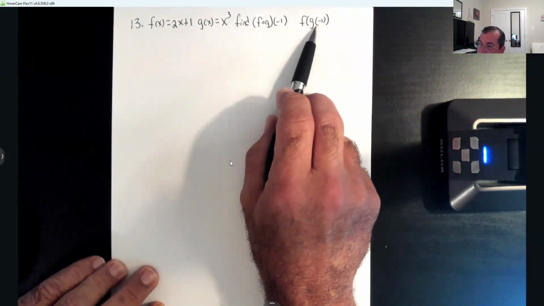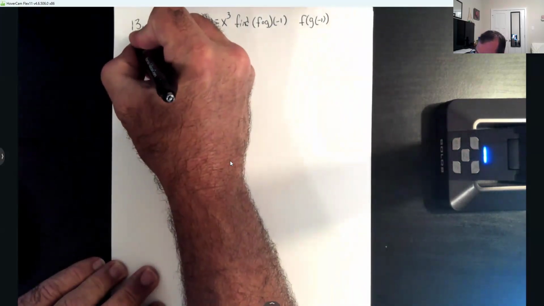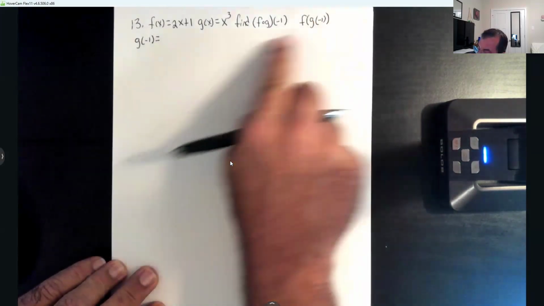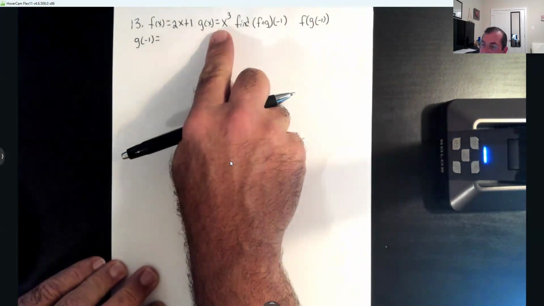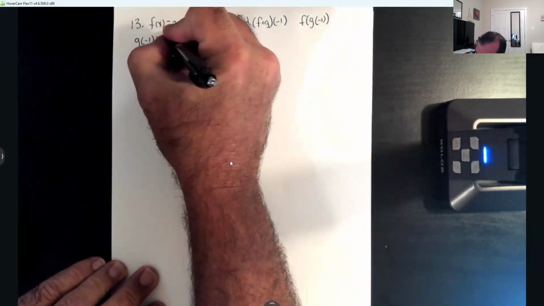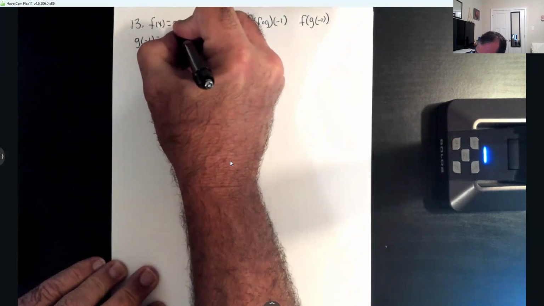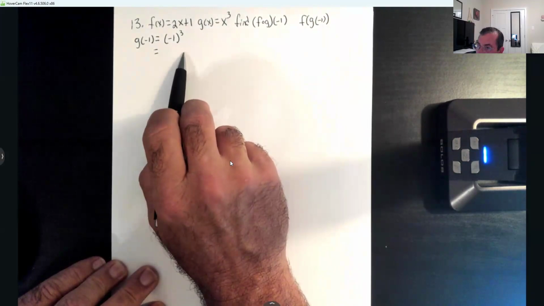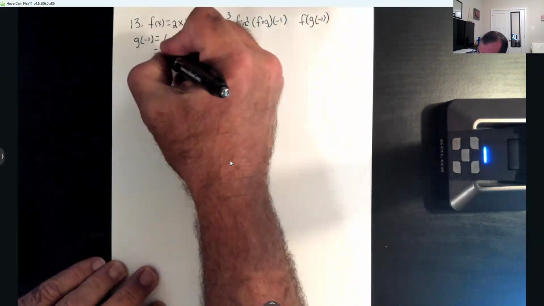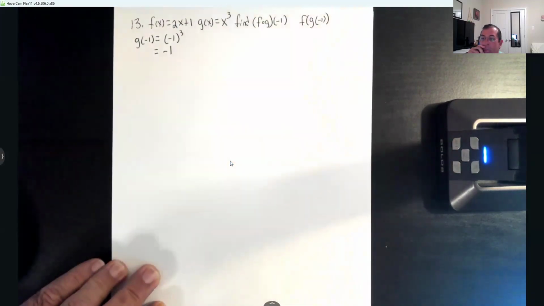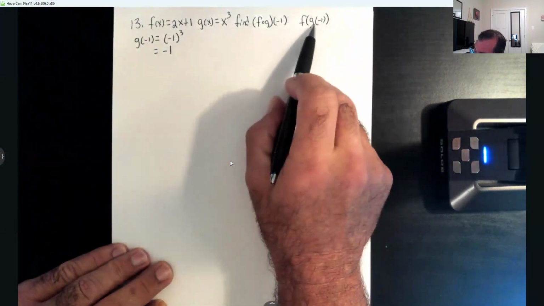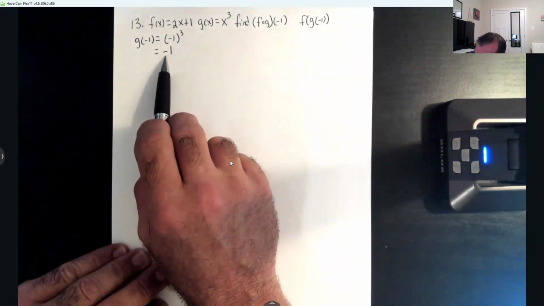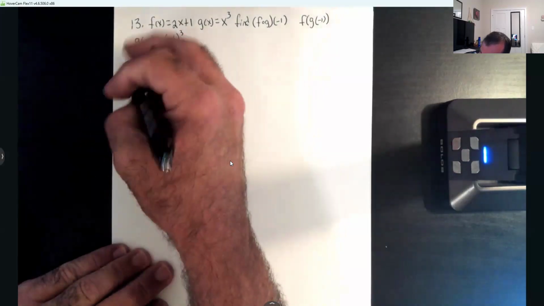So first, find g of -1. So g of -1, I'm going to put a -1 in for that x. So that's going to give me -1 to the third power. So -1 times -1 is 1 times -1 gives me a -1.